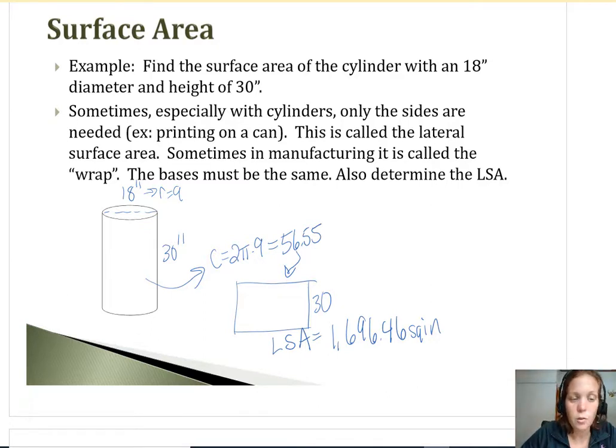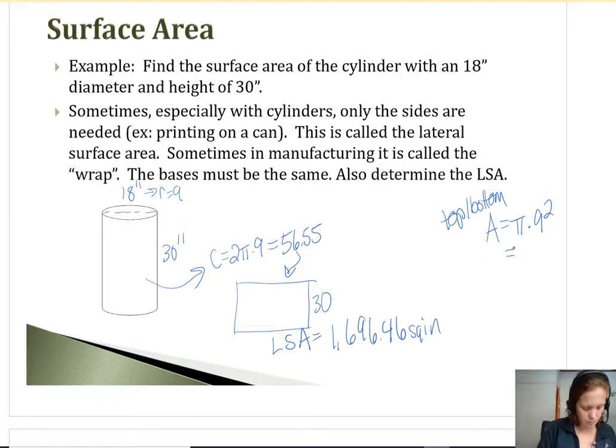Now, we need to also find the area of the top and the bottom to get the total. So the area of the top, let's say the top and the bottom. To get the area, we're going to do pi r squared. So pi times 9 squared is 254.47.